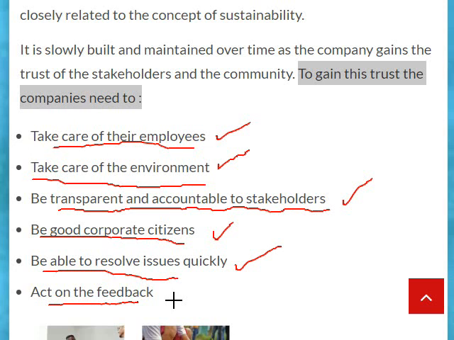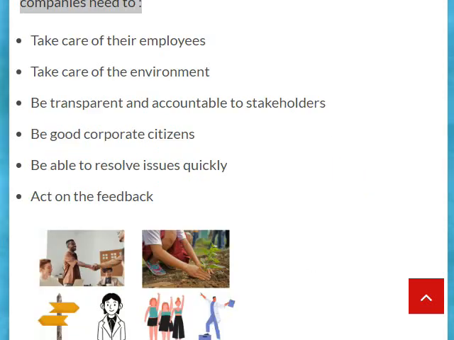And the second is that this is bad for the company, in the sense that the trust in the company will erode. So these are some things that companies are doing, and those who are not can do, to gain the trust of the stakeholders, the employees, and other community members, in order to obtain a social license to operate. So let's move on.